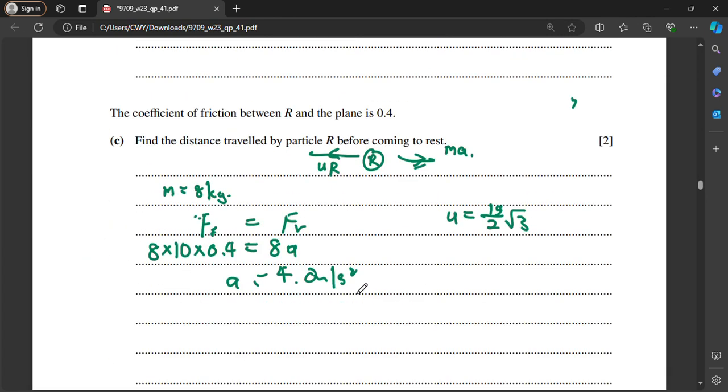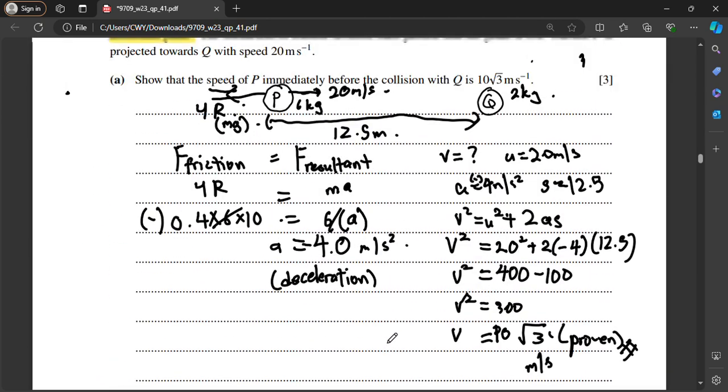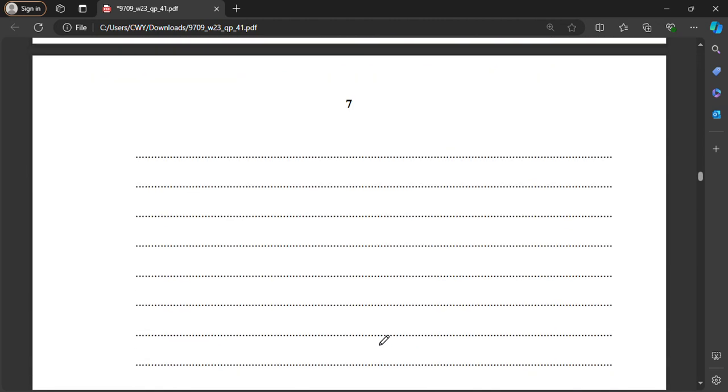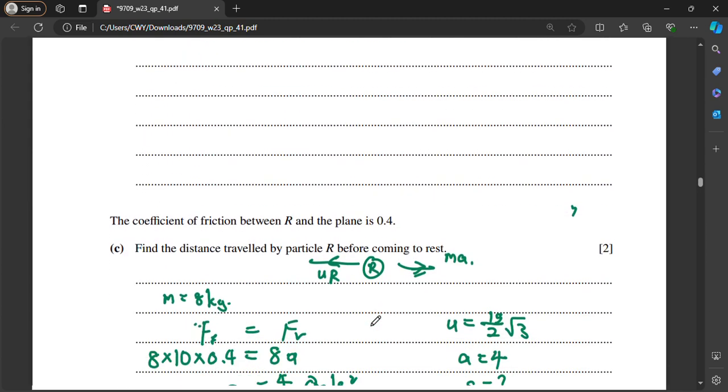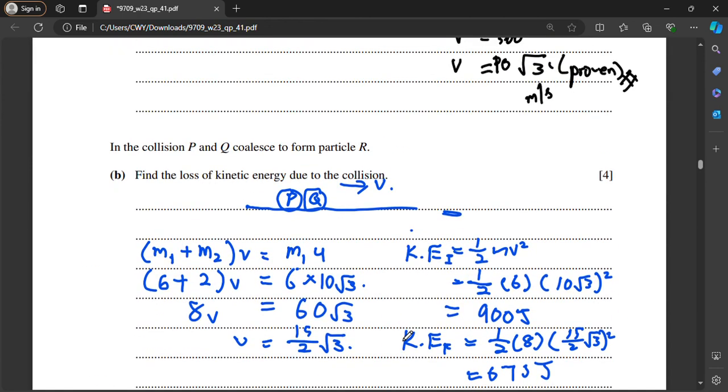We have the acceleration, which is 4, and then we have s, the distance we have to find. Do we have v? Yes, we have v.